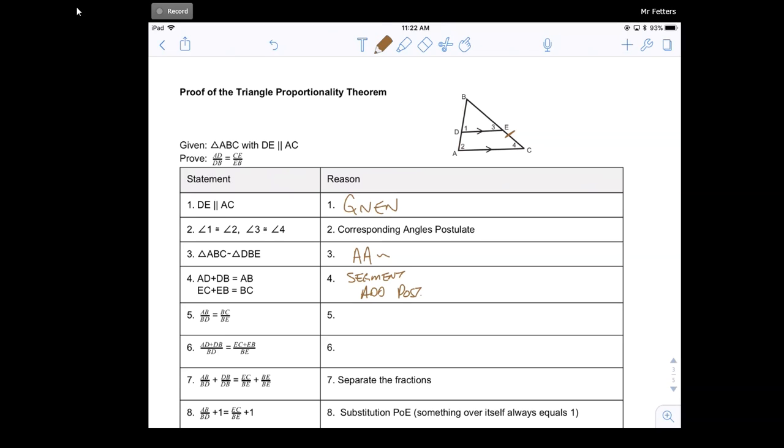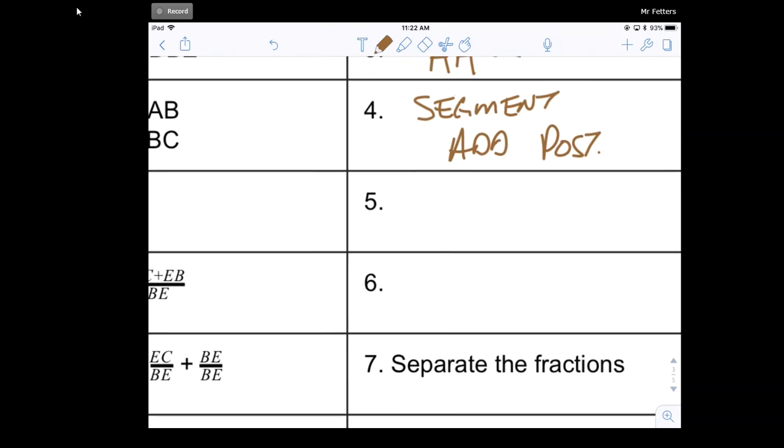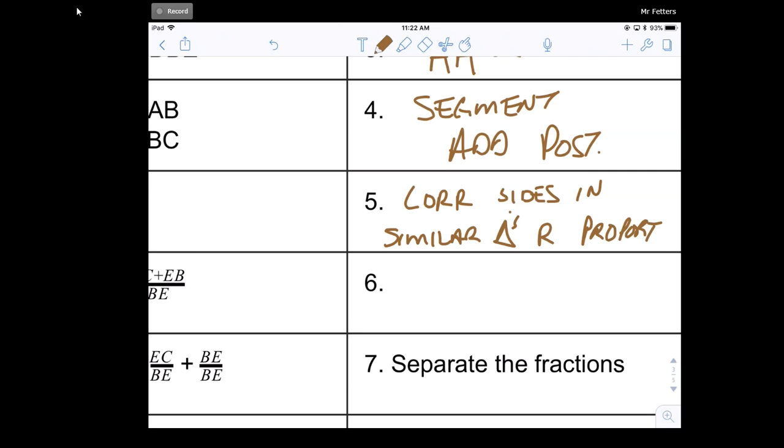So AB, this entire length, over BD is the same as this entire length, BC over BE. They are similar triangles, so they have similar sides. So corresponding sides in similar triangles are proportional. I know that. So corresponding sides in similar triangles are proportional. Okay, I can spell proportional right.